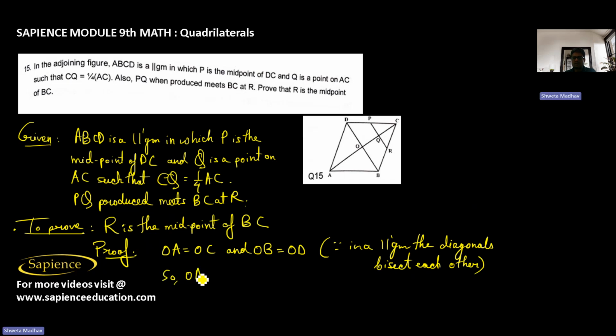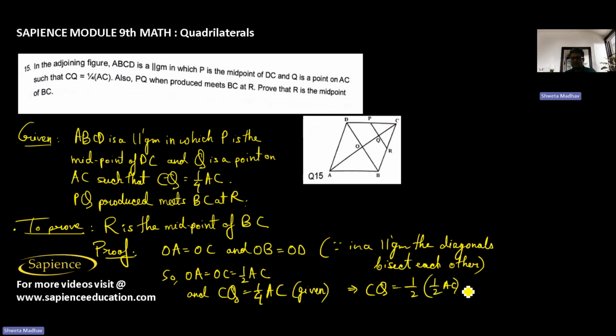So I can say that OA equals OC equals half of AC. And CQ equals 1 by 4 AC, which is given. So hence I can say that CQ is equal to half of OC. So hence we can say that Q is the midpoint of OC.